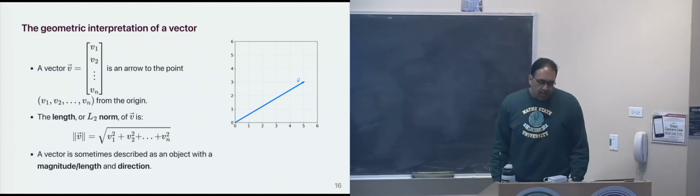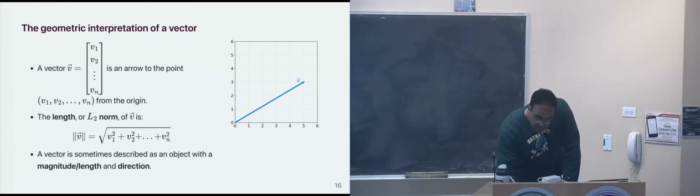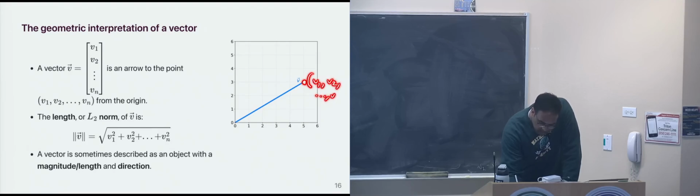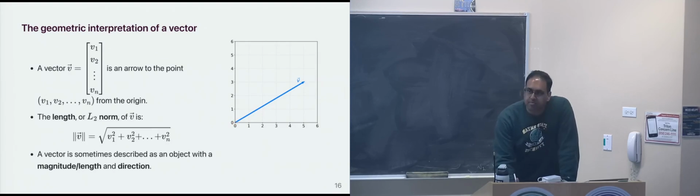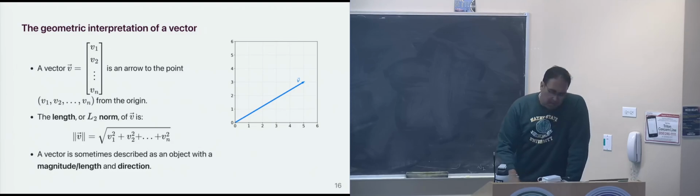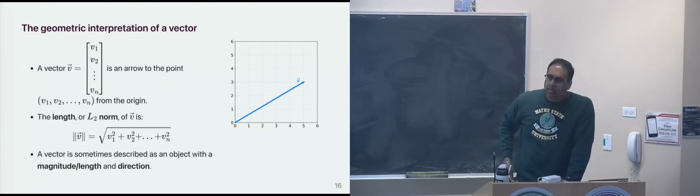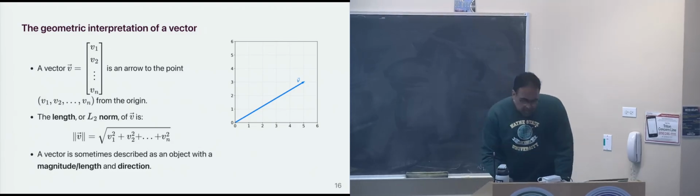We can interpret a vector as being an arrow from the origin to the point v1, v2, and so forth through vn. So a vector is an arrow from the origin, which is 0, 0, 0, to the point described by its components.